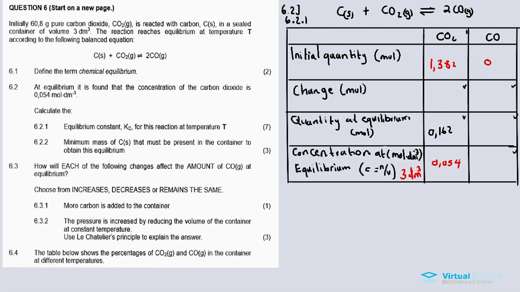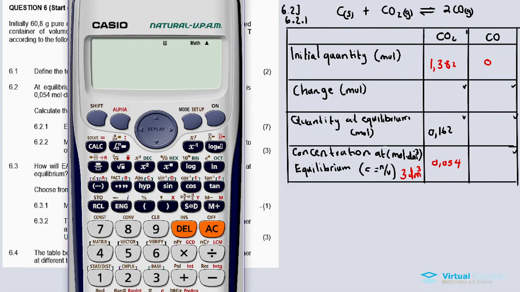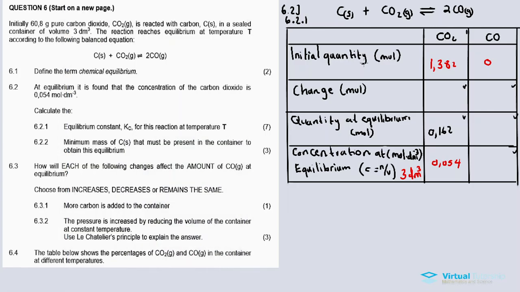What is that amount of change? I simply do what? I will subtract the two quantities. So I will say 1.382 minus 0.162. Answer is equal to 1.22.